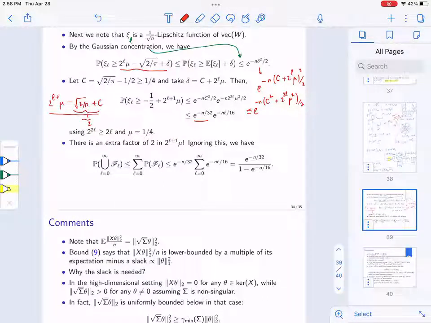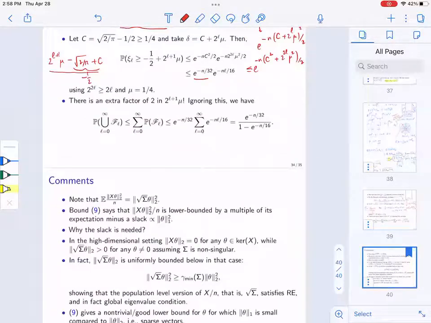You can see there's this geometric business going on here. Now the probability, I need to control the union, if you recall. There's this union bound here, and then I just plug in here. And this guy is a geometric series. That's the tiling part of the argument. So you don't pay an extra factor here. So e to the negative n, 16 to the L, that's a geometric series.